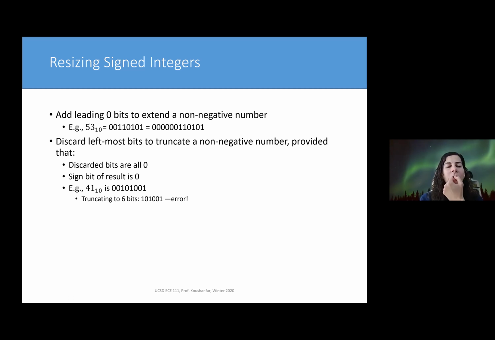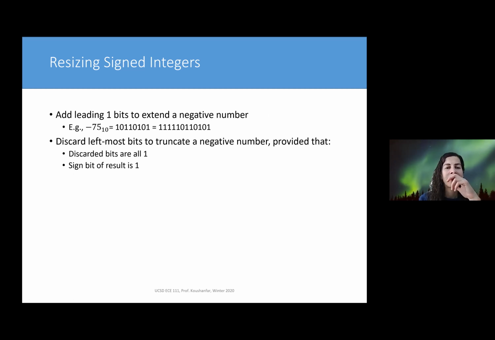Also, if you want to discard part of this, if you have non-negative numbers, if you discard all the bits to the left that are 0, then you could resize your number, and you have to make sure that your sign bit is 0. Now, if there is a negative number, if you're trying to extend it to more bits, we have to extend it by ones, because this is a two's complement system.